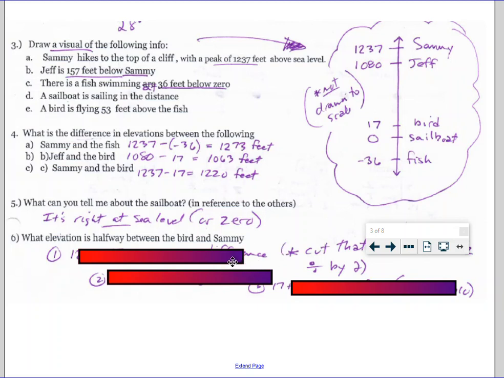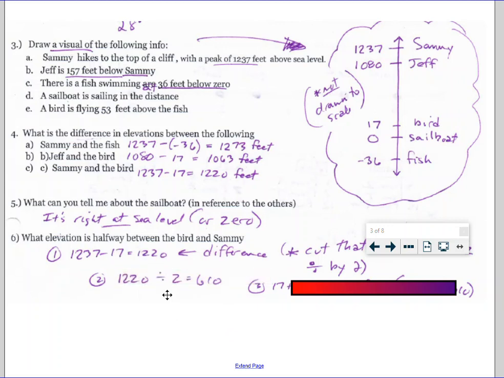Now, the other way would be to kind of come at it like I did right here. This is a slightly different version, but you still end up in the same place if you do it with the same steps. You figure out how far apart those two things are, and then you cut that in half. And what this tells you is that's the halfway point of the gap between them.